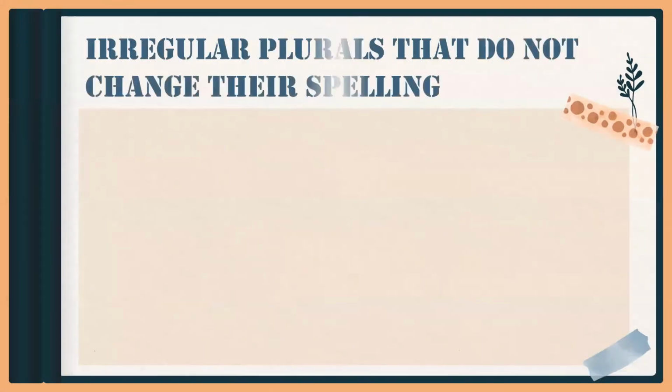Next, we have irregular plural nouns that do not change their spelling, meaning they have the same spelling whether they are singular or plural. An example is sheep. If you have one sheep and you have 100 sheep, you don't say ships, rather you say 100 sheep.